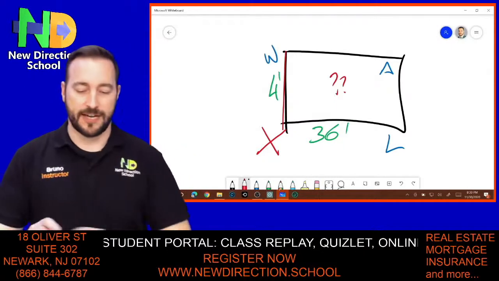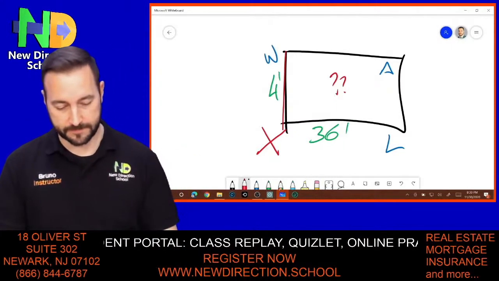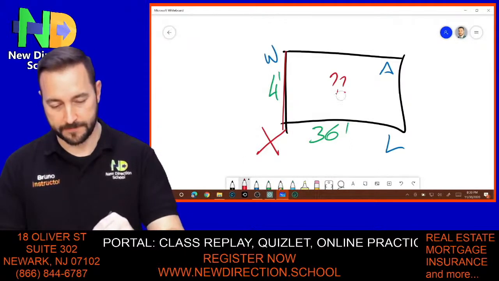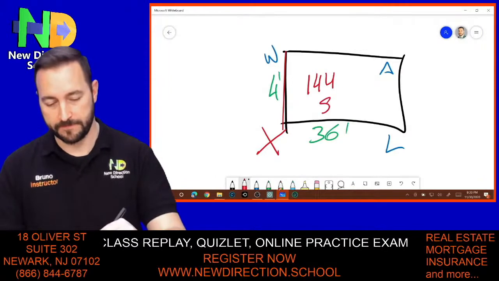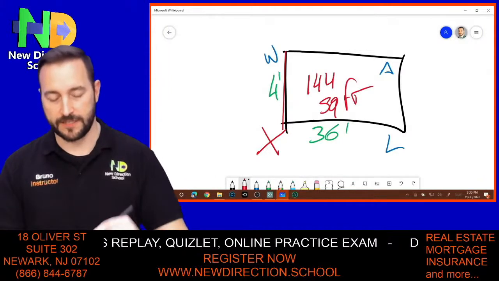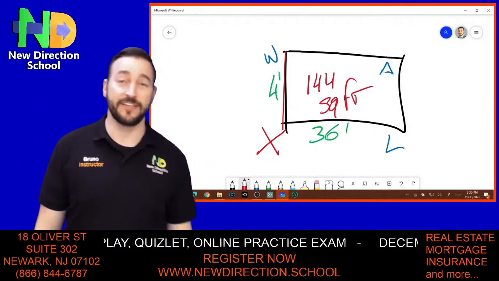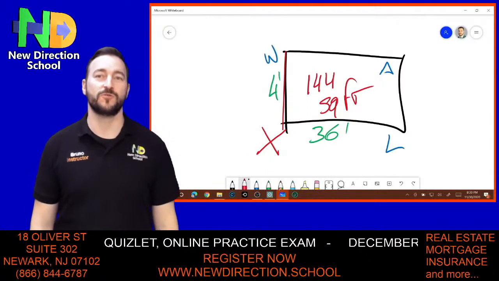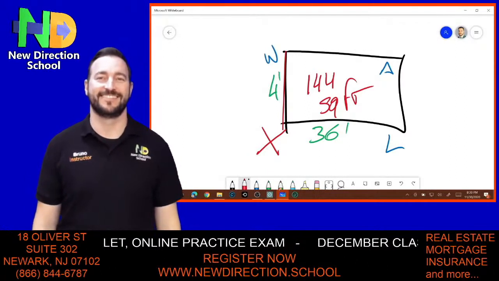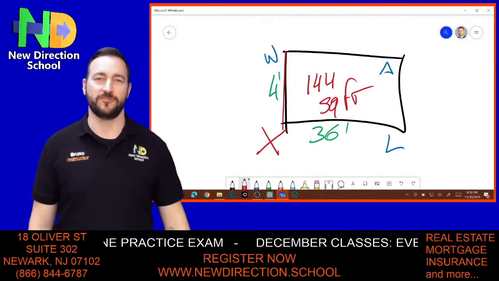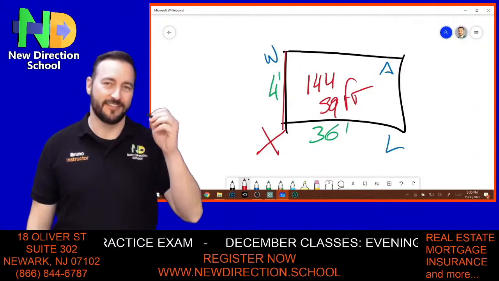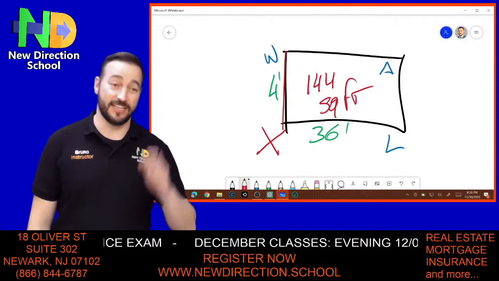So the answer, guys, is 144 square feet. Not feet, square feet. Joel said feet only, and then to correct it, he puts a little apostrophe right there that says, hey, feet.